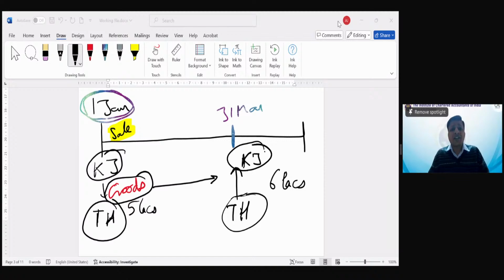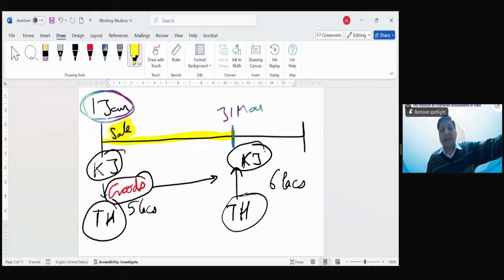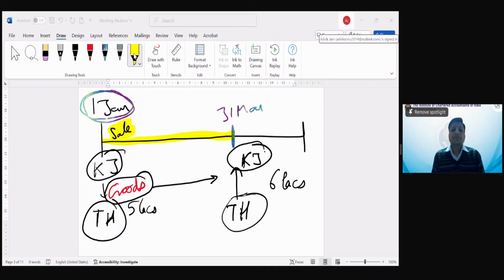And TH also understands that only for this period of 3 months, TH is required to keep the goods. Can TH sell these goods to a third party if TH requires? No. So can we say that TH has got the risk and rewards attached to these goods? The answer is no.